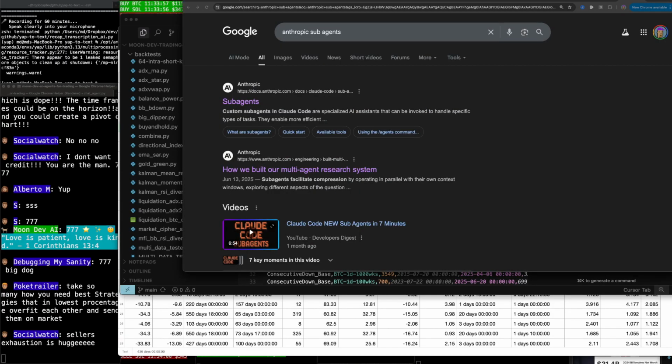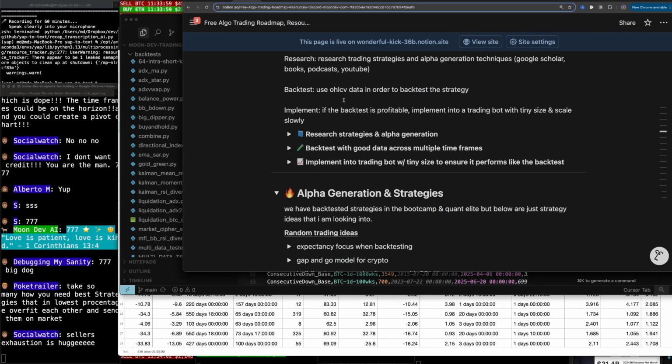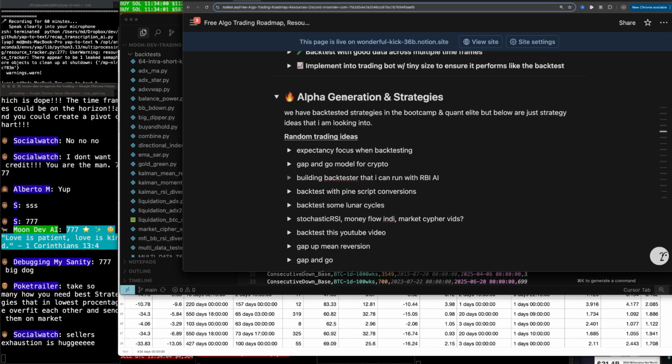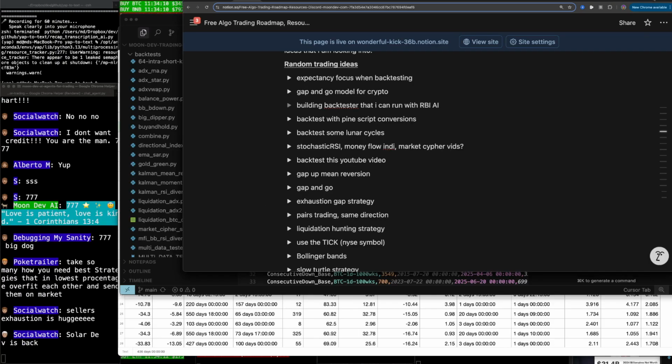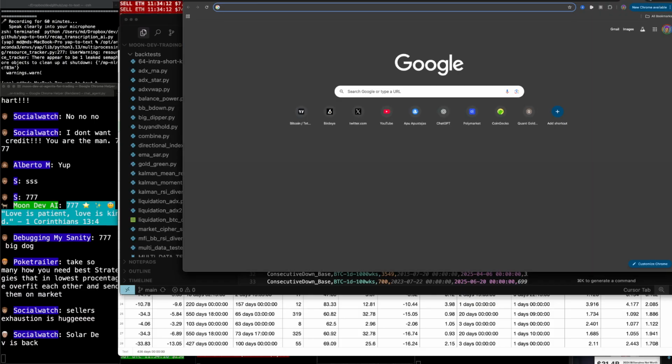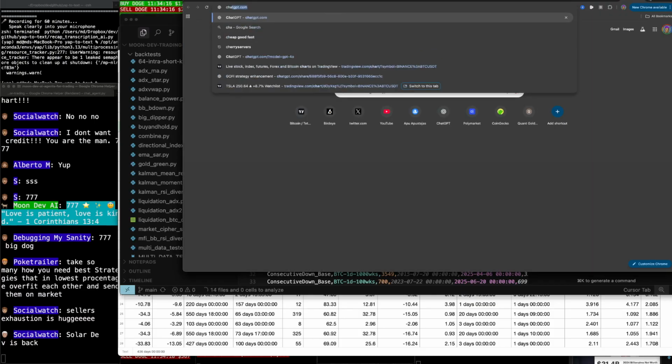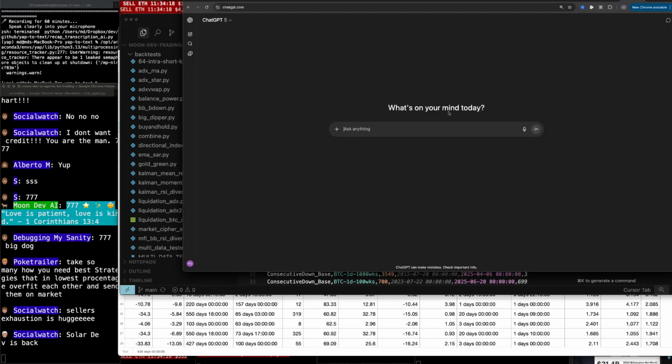Let's go ahead and build out a new idea here. Seller's exhaustion. How do you even go about doing that? How would you measure seller's exhaustion with open, high, low, close volume data?